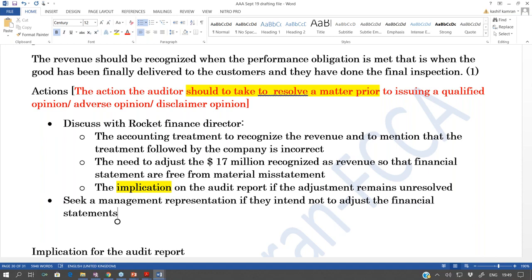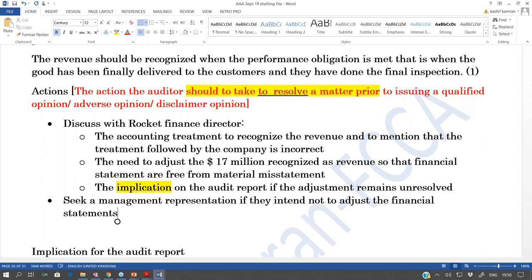Management will feel threatened here, right? Management will feel threatened and they will try to rectify the problem, because you're telling the management that if you don't want to rectify the problem, then give us a representation that you are sticking to the unadjusted financial statement.